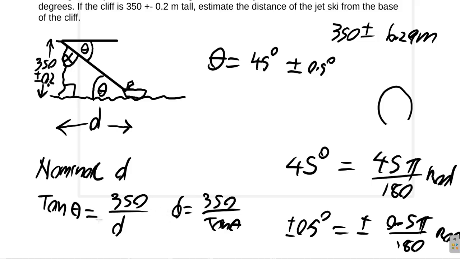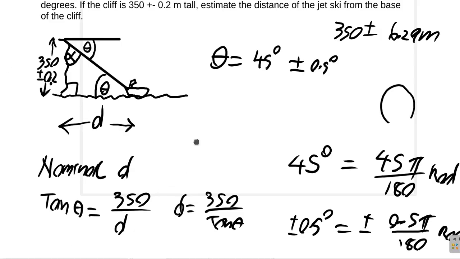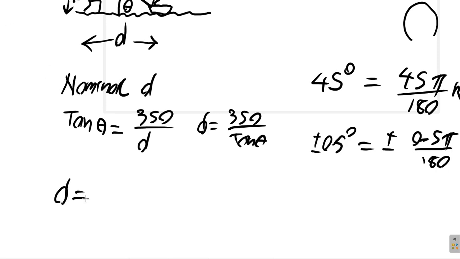Because the thing is, if you should differentiate the formula, D is equal to H over tan theta, I don't remember, or I don't know, if it is there at all, what the derivative of cotangent is.